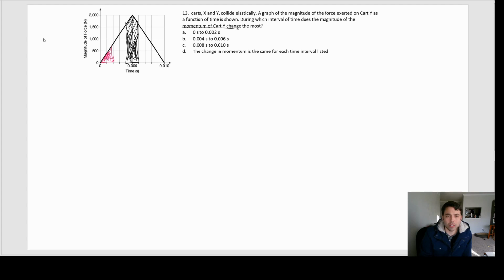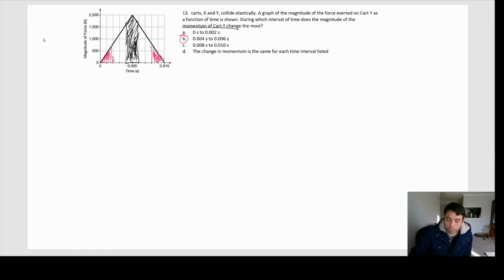And then 0.08 to 0.10, that's here, right? So those individually are pretty small. The biggest area is clearly this one in the middle, this black area, from 0.04 to 0.06. Largest area means largest impulse. Impulse means change in momentum, so it must be that area.